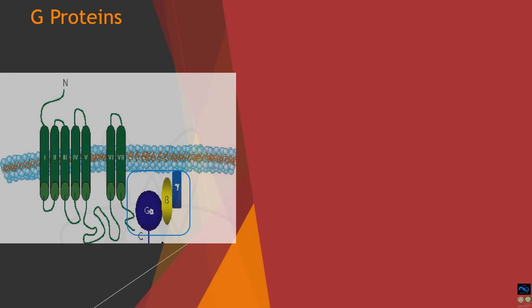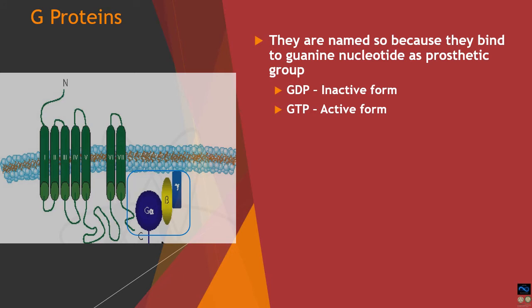G proteins are named because they bind to the guanine nucleotide, which functions as a prosthetic group in their structure. Since guanine nucleotide in cells is present in two different forms, GDP or GTP, the G protein itself also exists in two different forms.